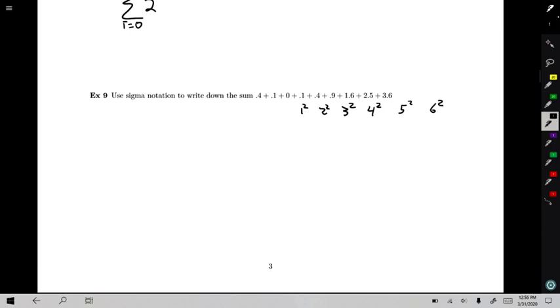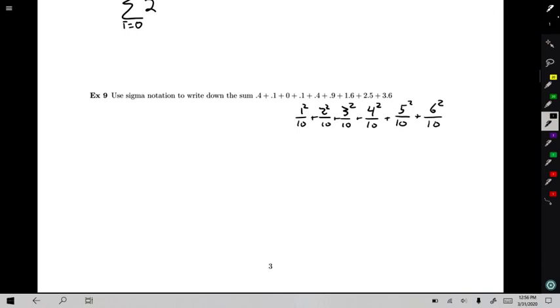But to account for the decimal place, I'll notice that each of these has been divided by 10. So 0.1 is 1 out of 10, or 1 squared out of 10. 0.4 is 4 out of 10. 0.9 is 9 out of 10. 1.6 is 16 out of 10. 2.5 is 25 out of 10, and 3.6 is 36 out of 10. So I'm adding up all of these numbers.